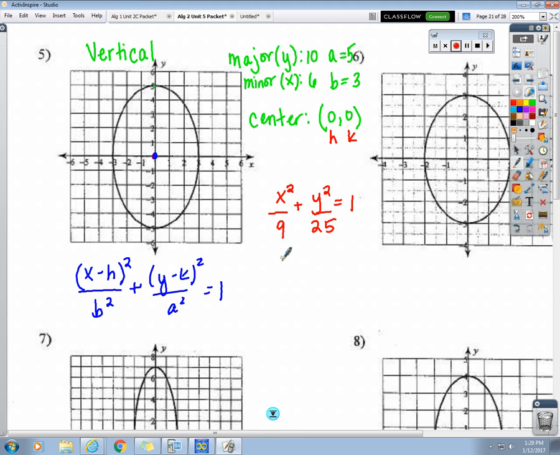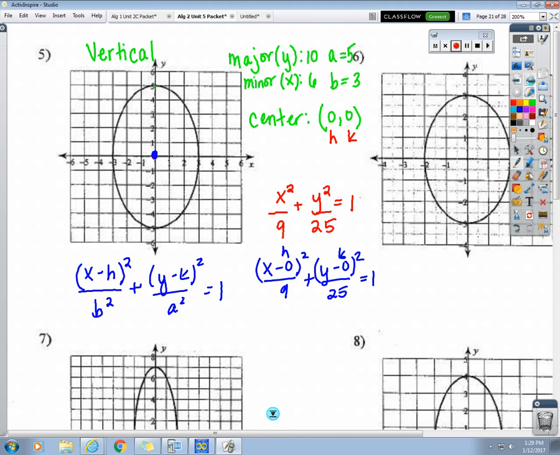So technically, the real equation is x minus 0 squared over 9 plus y minus 0 squared over 25 equals 1. But when you simplify that, you don't write the zeros. That's why we just end up with x squared and y squared. So for any ellipse centered at the origin, that's why you only have x squared and y squared, because the h and the k were both zeros.